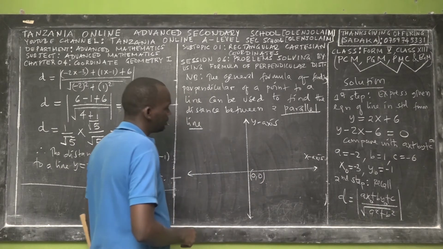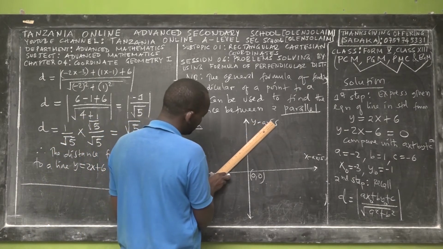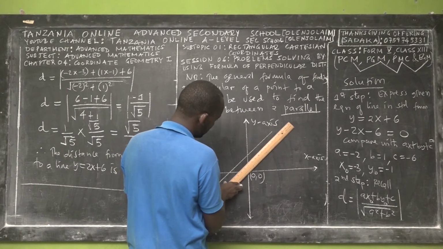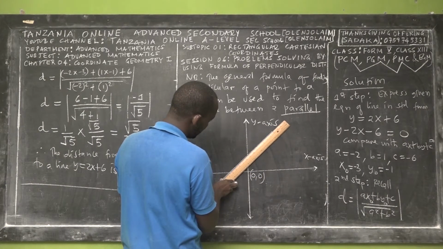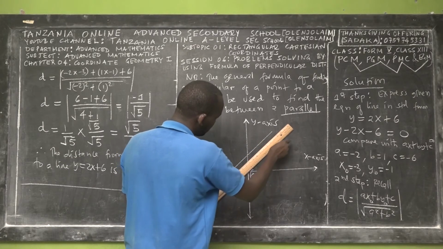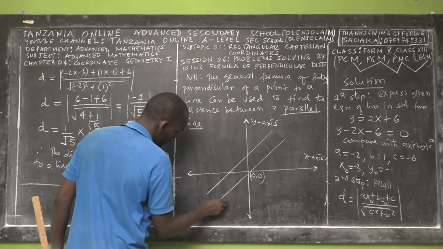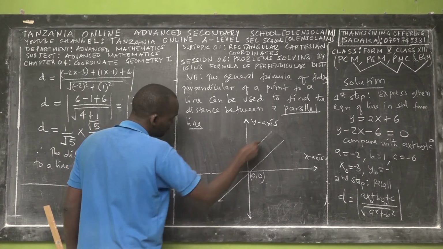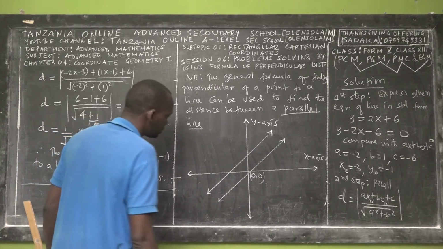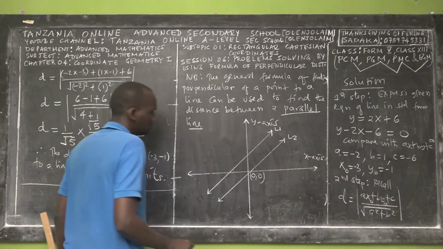Suppose that you've been given two parallel lines. So you have this is line 1 and this is line 2.